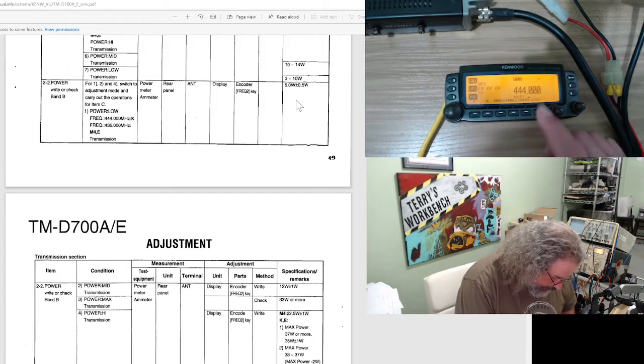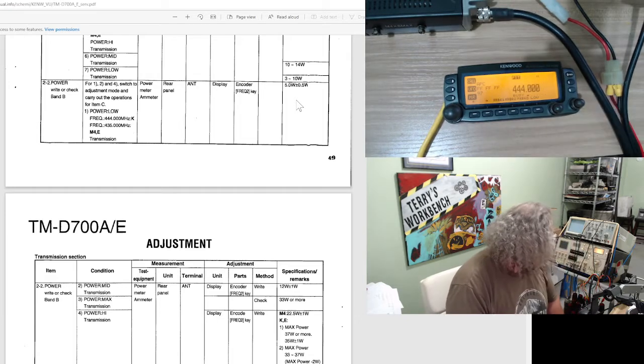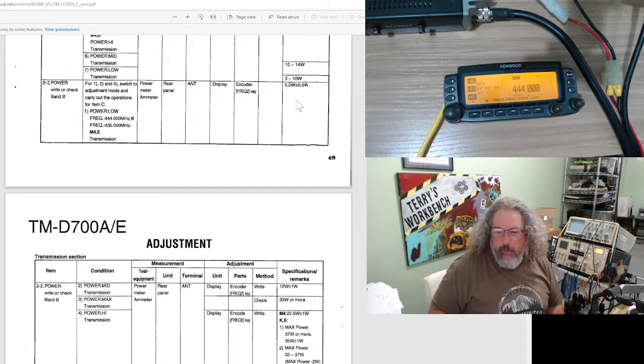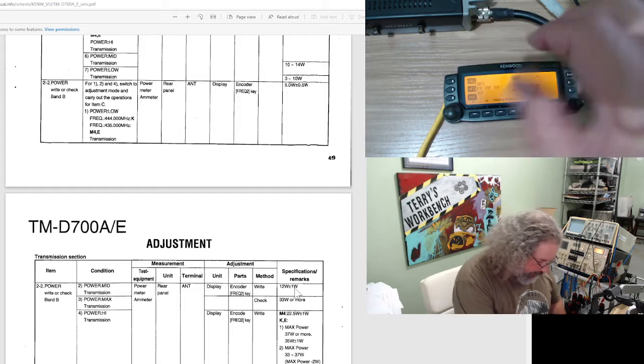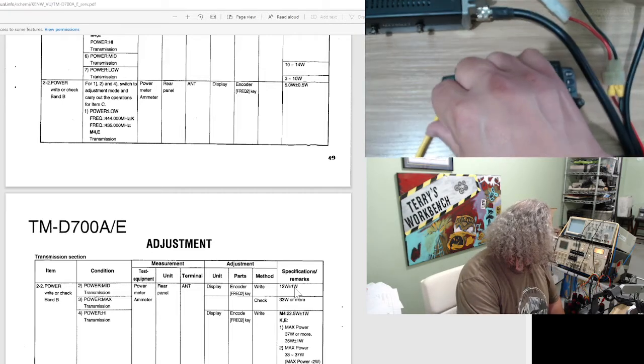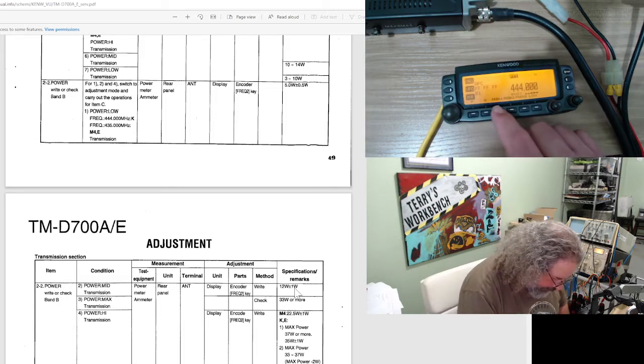Then let's go to medium power. Medium power is looking like about almost 30 watts here. And it is showing 12 watts. So let's go ahead and bring it on down. 12 watts.